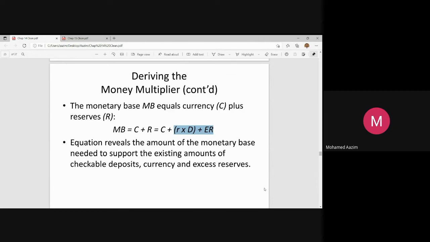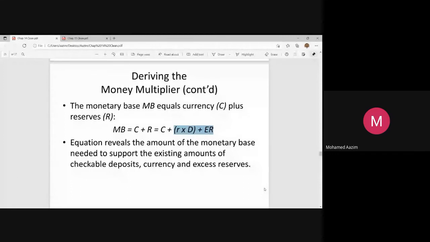So this monetary base, what you are seeing here, explains the amount of monetary base that is required to support currency, the deposits, and excess reserves in an economy at any given moment of time.